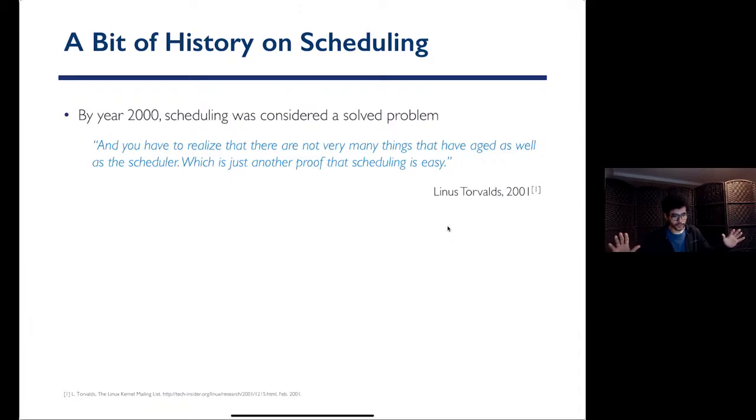It was mature enough for the inventor of Linux to put a statement like this: you have to realize that there are not very many things that have aged as well as the scheduler, which is just another proof that scheduling is easy. So around 2001, scheduling was considered a solved problem, an easy problem, something that we're done with, and we're just going to be happy with it.